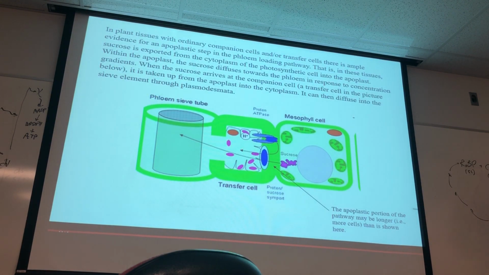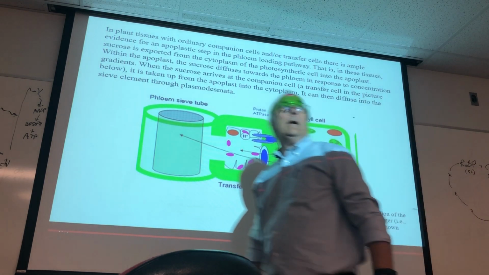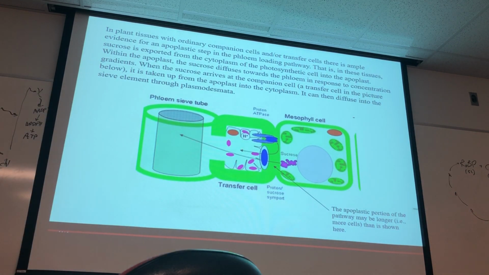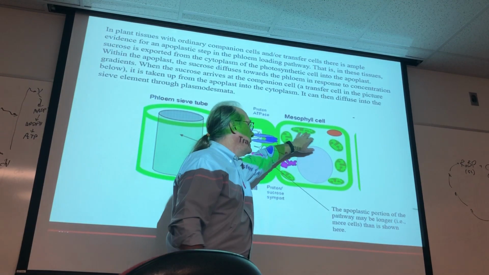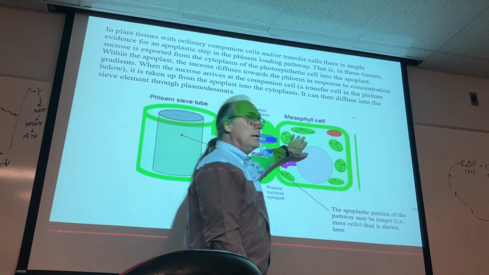Okay, so let's get down to brass tacks. In plants that have ordinary companion cells or transfer cells, there's an apoplastic step in the phloem loading process. The way it works is this: sucrose is produced in the cytoplasm of the mesophyll cell.